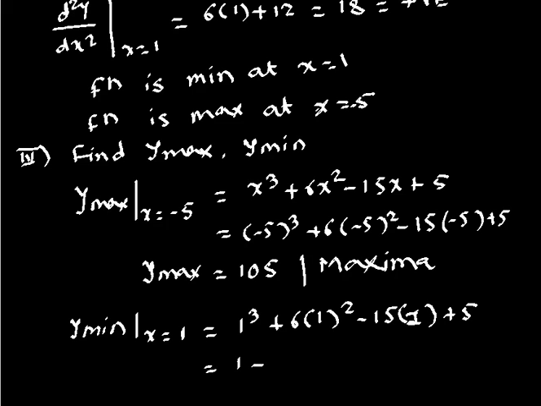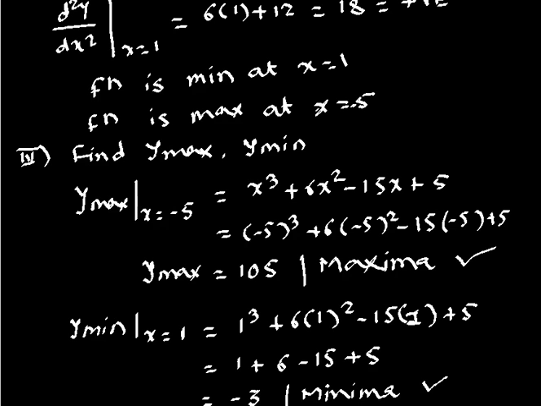So it will be 1 plus 6 minus 15 plus 5. So 11, 12, it will be minus 3. So this is the minimum value, that we call minima. So we have found maxima and minima of that function.